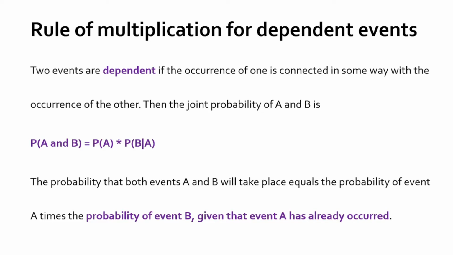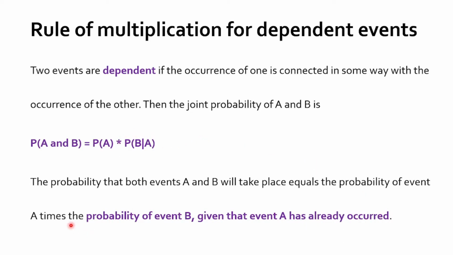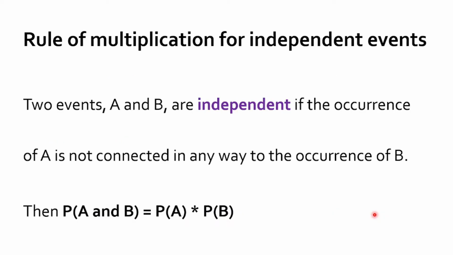This is very important, so I will repeat once again: the probability of event B given that event A has already occurred. We will walk through an example to make it more clear.